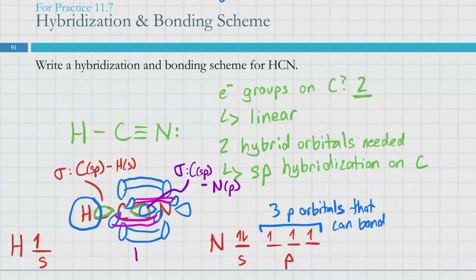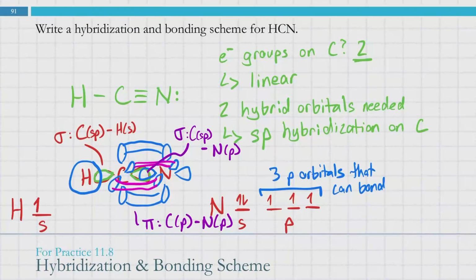And we've also got, last but not least, these two pi bonds that are carbon p to nitrogen, also p orbital. Arguably the drawing part is the worst. I like the drawing part the least, at least.